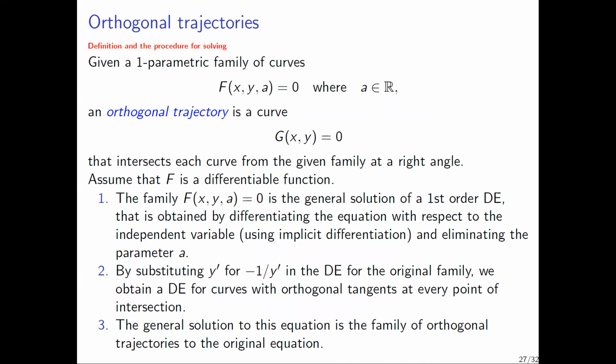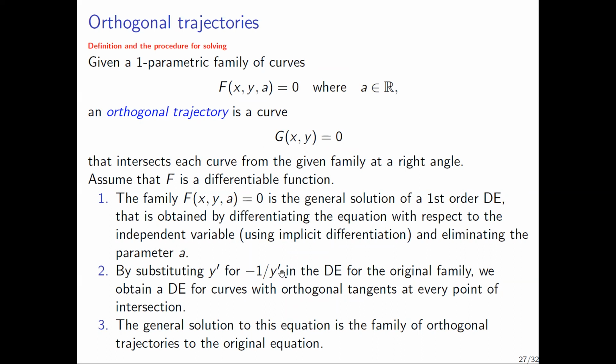And when we express a, we can plug this into our initial equation and in fact get a differential equation where we don't have any parameter a present, only y, x, and y prime. And then to obtain the perpendicular curves, we just replace y prime with minus 1 over y prime.